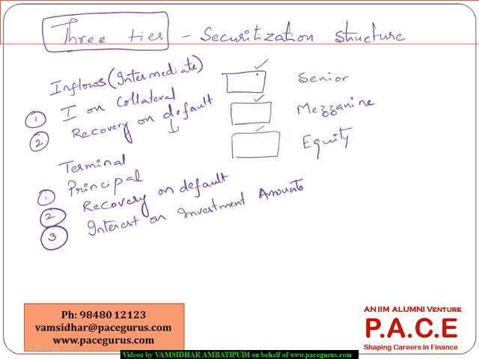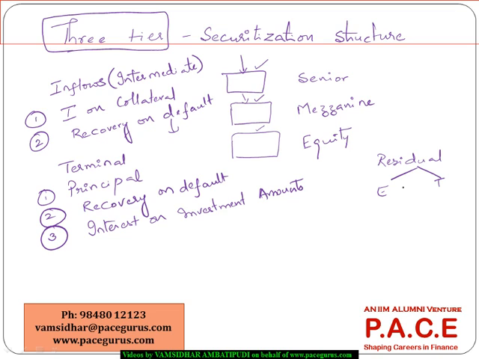Every intermediate period, there is a payout to the senior tranche, to the mezzanine tranche, and whatever is the residual would be distributed among the equity tranche and the trust.